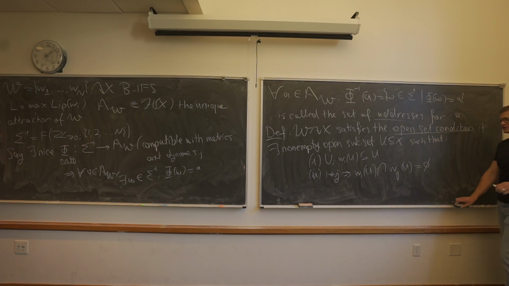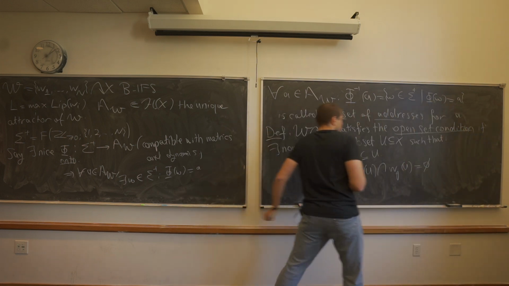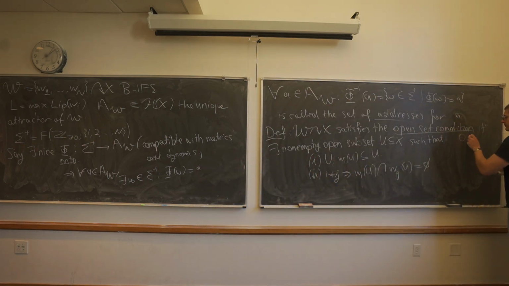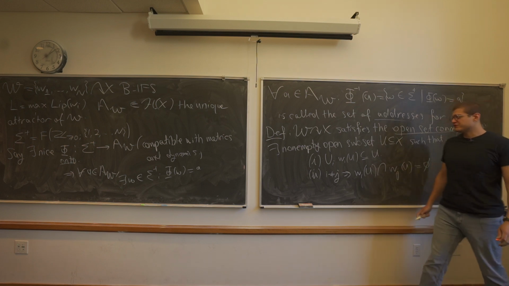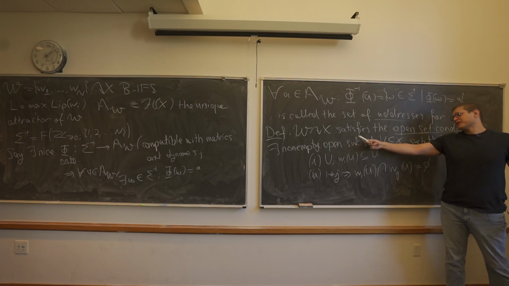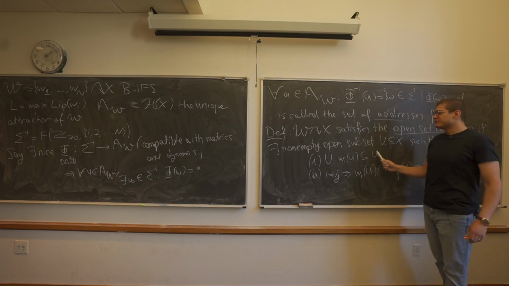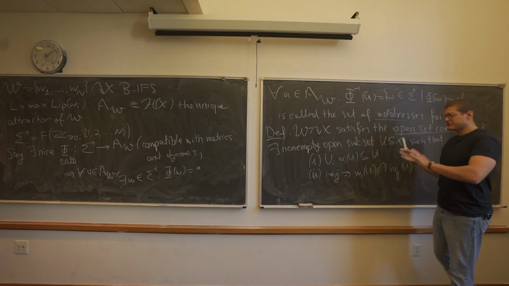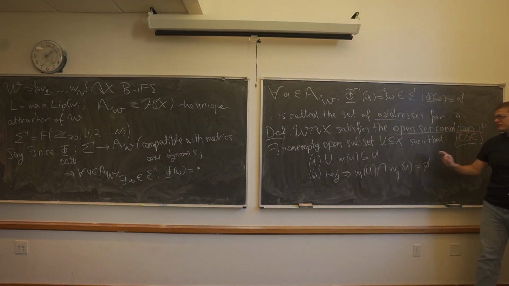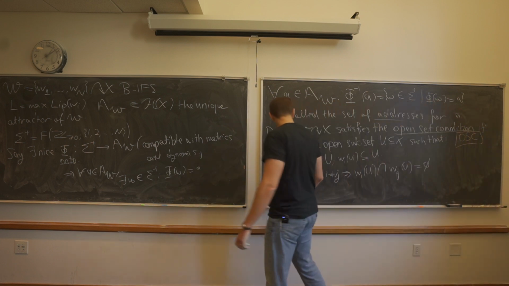And there's an abbreviation for this, which is OSC. And let me also mention there are variations about this definition. Sometimes people just look at open and bounded subsets. Sometimes, for instance, Barnsley looks at open subsets of the attractor and so on. There's a bunch of different versions. But this seems like the easiest to state at the very least.